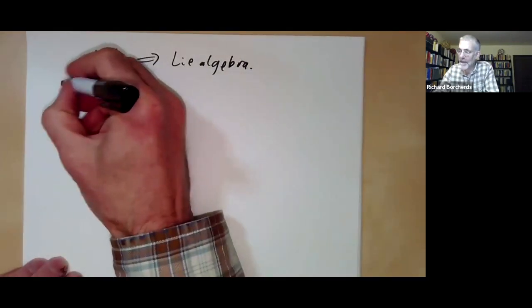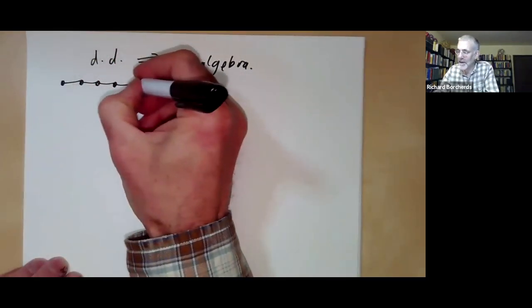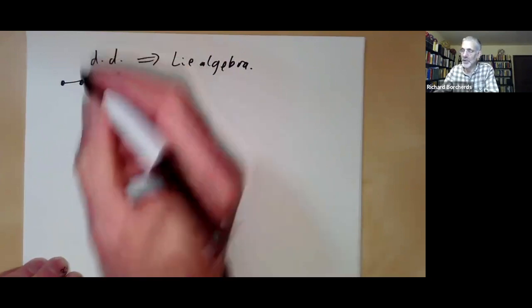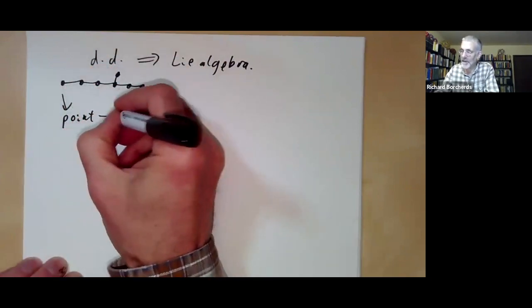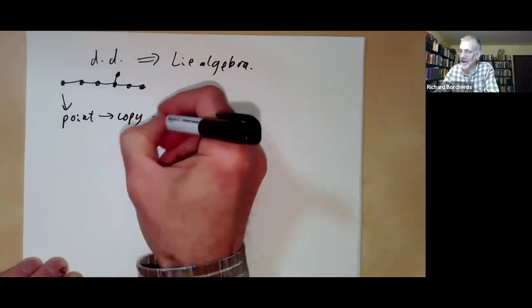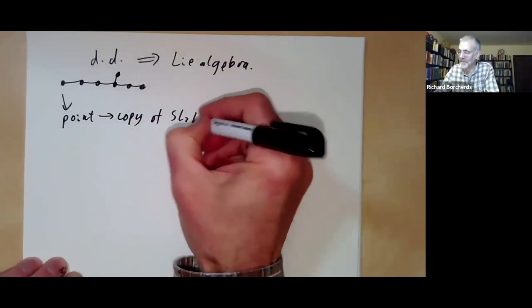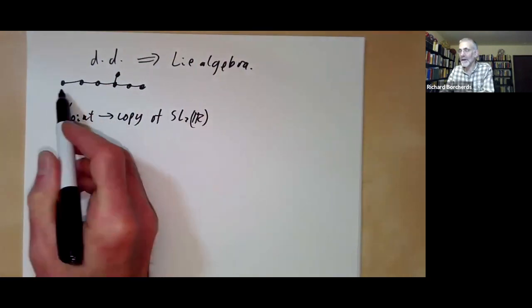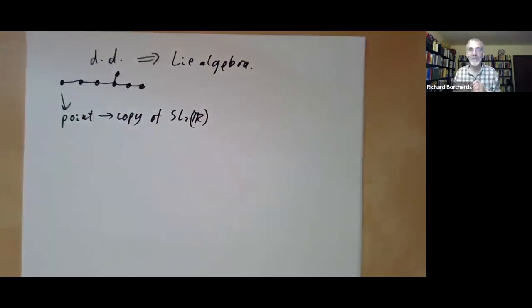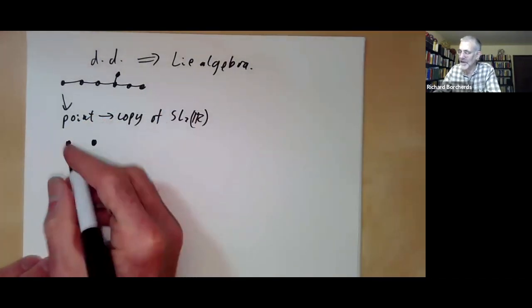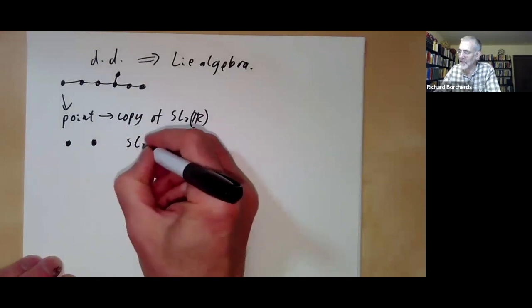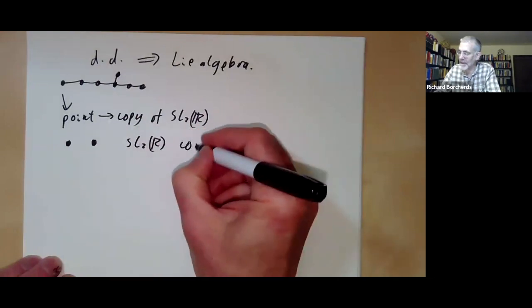And the way you get this Lie algebra is each point gives you a copy of the Lie algebra SL2 of R. And the lines between points tell you the relations, how these little SL2Rs are embedded. For instance, if two points are not joined, the two copies of SL2R commute.